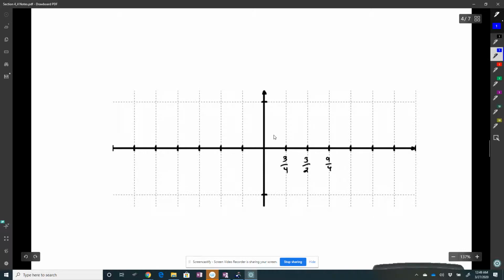If you're wondering where I'm getting these numbers, it's 3/4, 6/4, 9/4, 12/4, 15/4, 18/4, 21/4, and I'm just simplifying when I need to. 12/4 is 3, 15/4, 9/2, 21/4, and then I repeat everything on the other side.